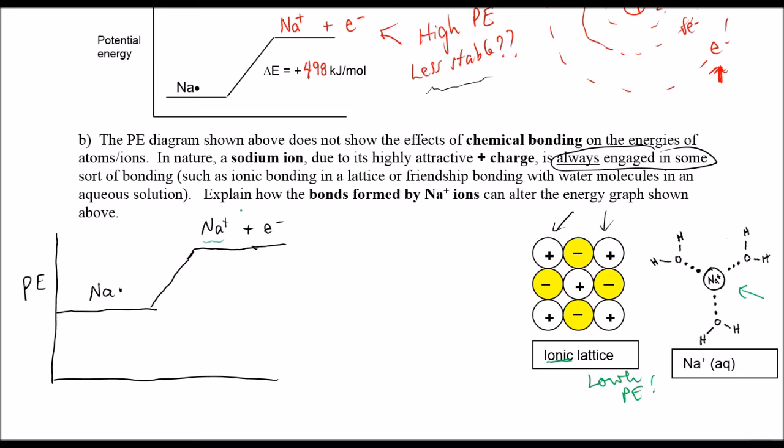We're not going to have an unbonded sodium ion. If sodium neutral reacts to lose an electron, it will turn into an ion that bonds with something. And that would mean that we can take that into account and say the bonds that the sodium ion forms can lower the potential energy.